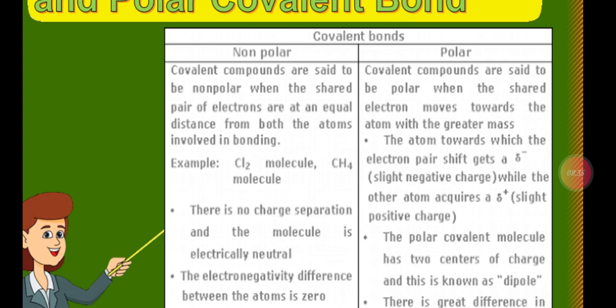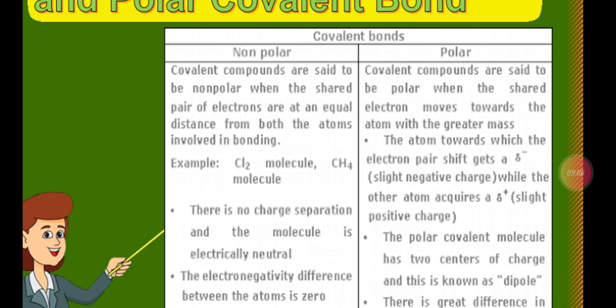A non-polar covalent bond is the bond which is formed between similar atoms with no electronegativity difference. I repeat, a non-polar covalent bond is formed between two similar atoms with no electronegativity difference between them. For example, a Cl2 molecule is formed when two chlorine atoms join together and share the last electron to complete their octet.